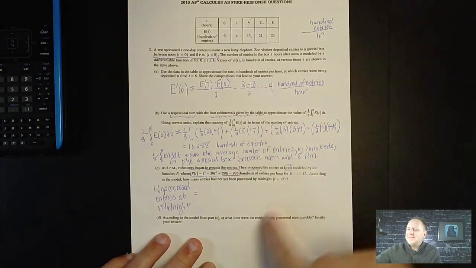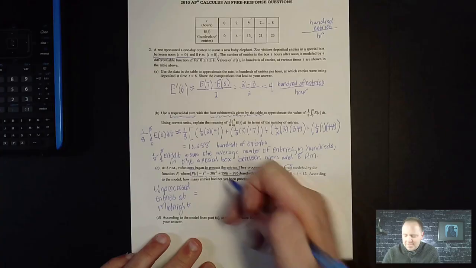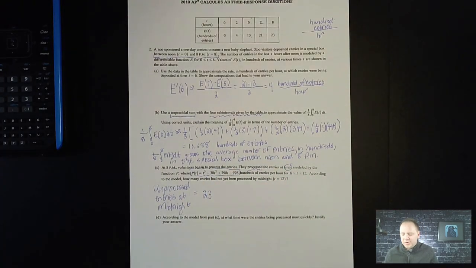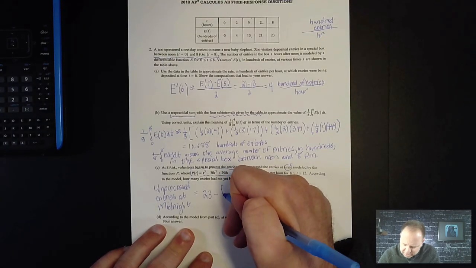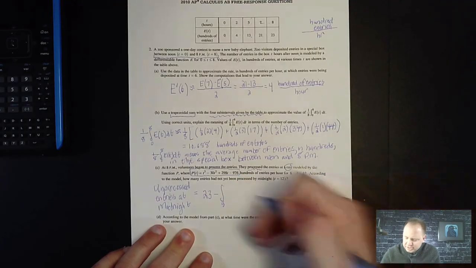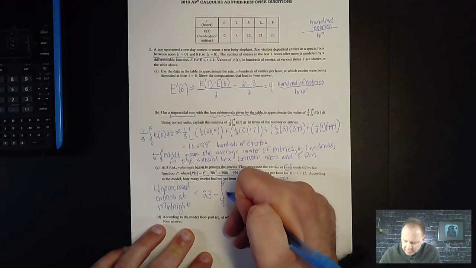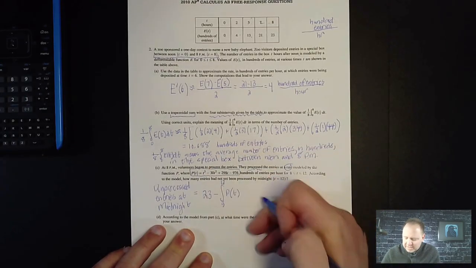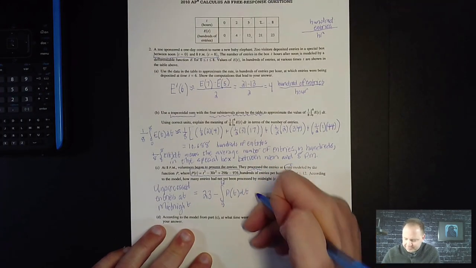Well, they didn't start processing them until 8 p.m. But there was 2,300. But you don't write 2,300. It's already assumed in the units that it's 2,300s of entries. So you would take the 23, and then you would subtract the integral from 8 to 12. So they're processing after the party closes. Now remember, P of t is a rate. So we want to integrate that rate of processing these entries from 8 to 12. We want to integrate that.